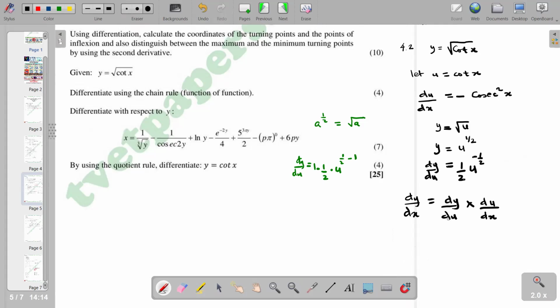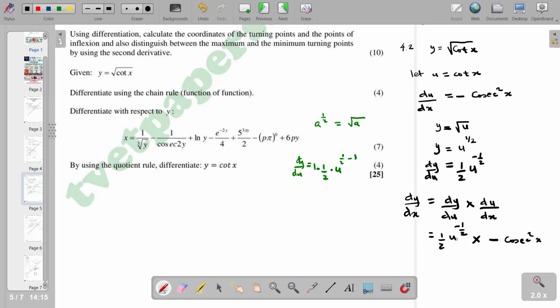So dy du, we found it to be half multiplied by u to the power negative half, times du dx, we found it to be negative cosec squared x.